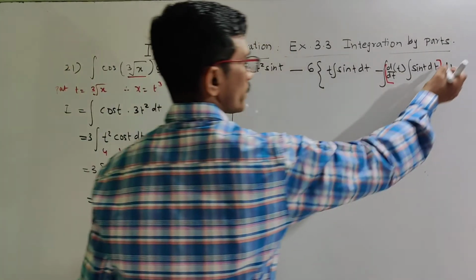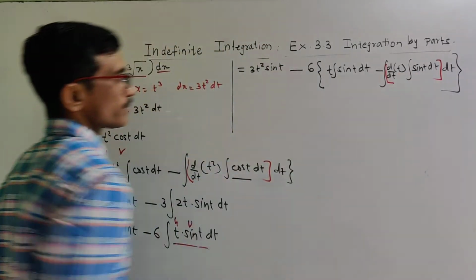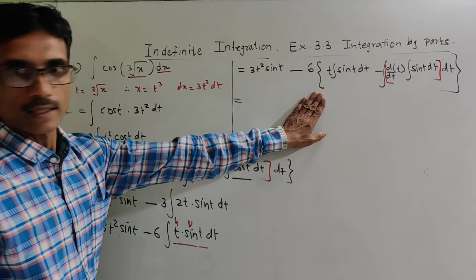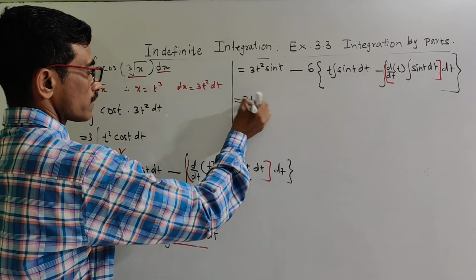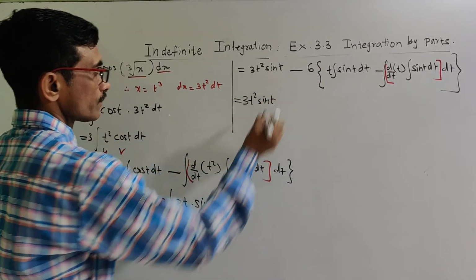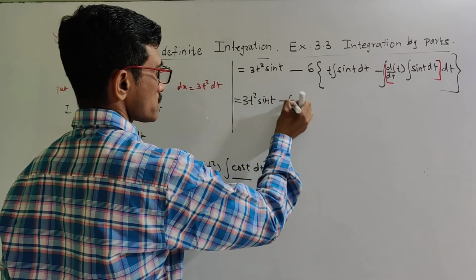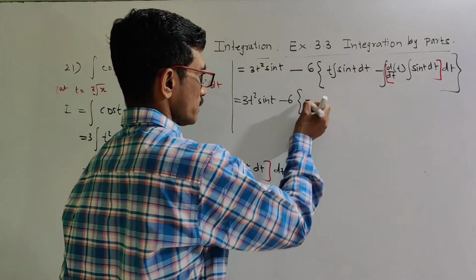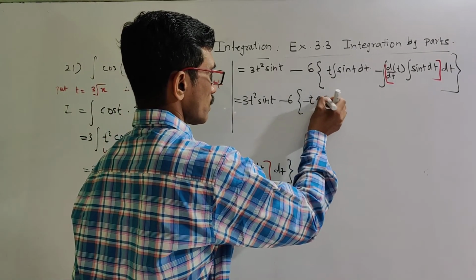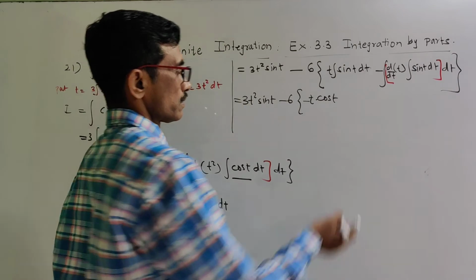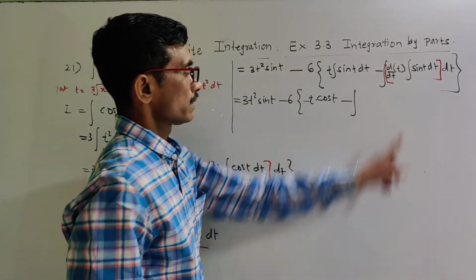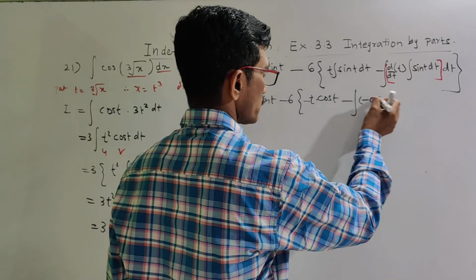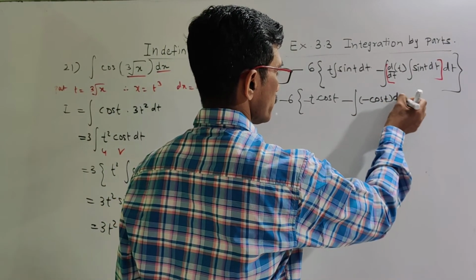This bracket is multiplied to all the terms, 6 is multiplied to both the terms, so here we put a curly bracket: 3t square sin t minus 6, integral of sin t is minus cos t, so it is minus t into cos t, minus integral derivative of t is 1 and integral is minus cos t dt.